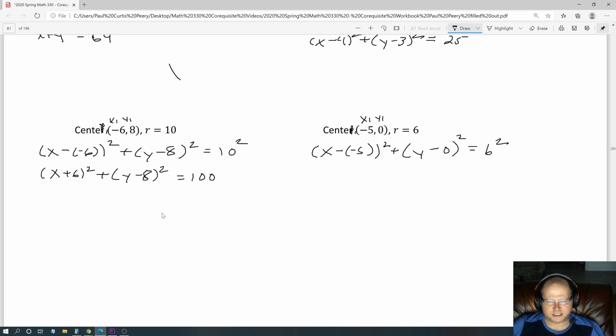Okay, so we're going to square the 6. x minus negative 5 is x plus 5 squared, plus y minus 0, which is simply y squared. So we just put a y squared there. We don't even need the parentheses at this point. And then 6 squared is simply 36. And that's it.